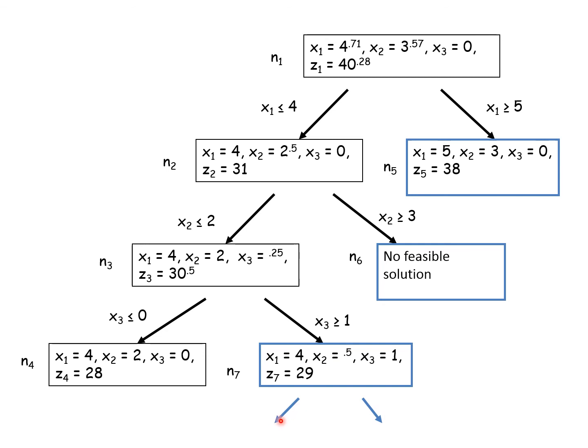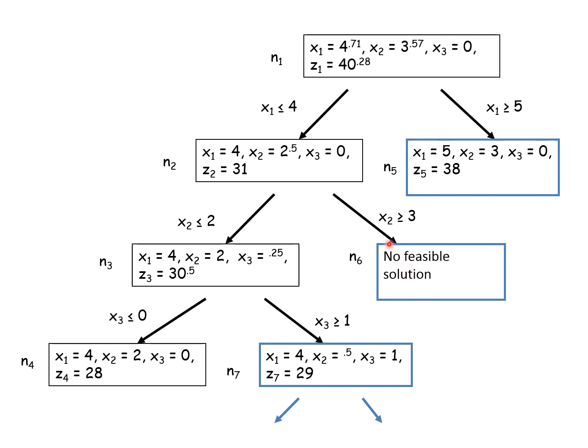Once I'm done, I can backtrack all the way to this level and go x2 larger than 3 and solve this problem, and I find out there's no feasible solution, so I stop. There's nothing to do here.